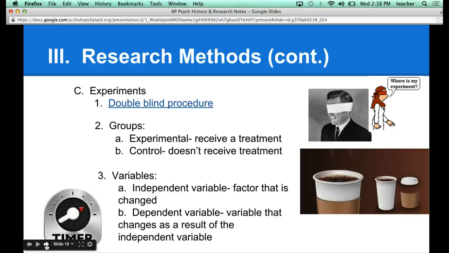And then I have another room where it's complete and utter silence. What's the independent variable? The noise.